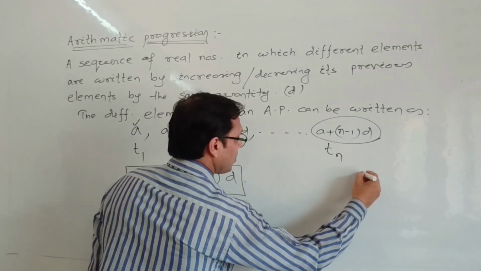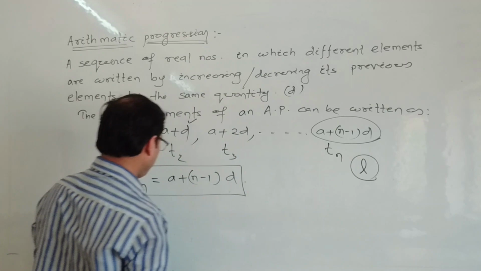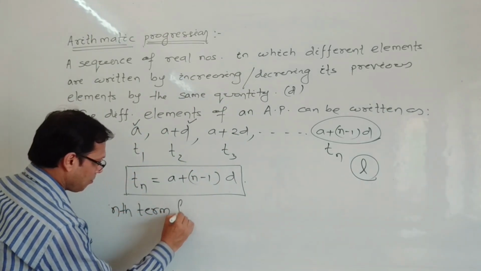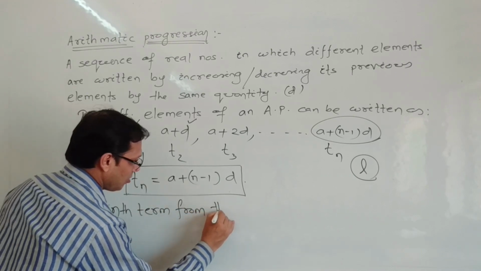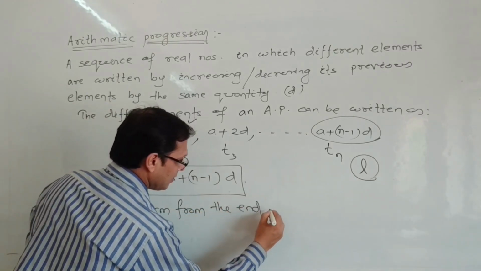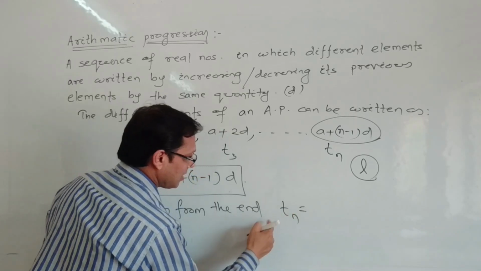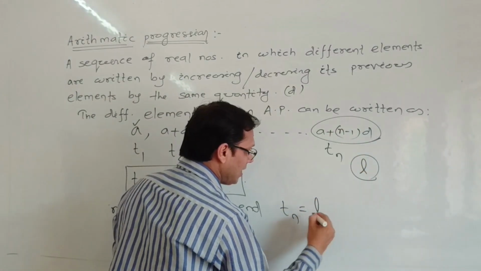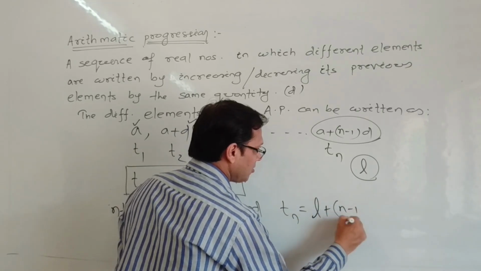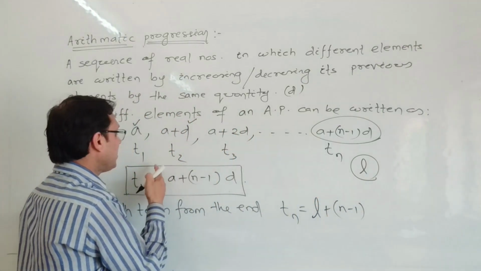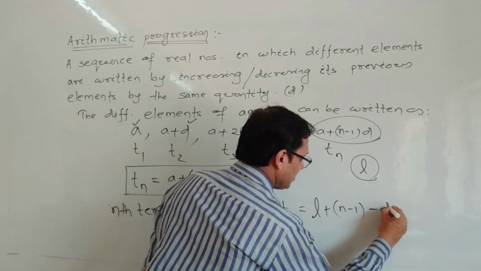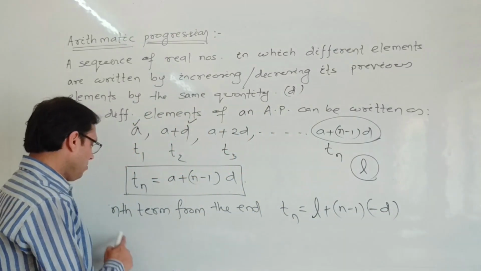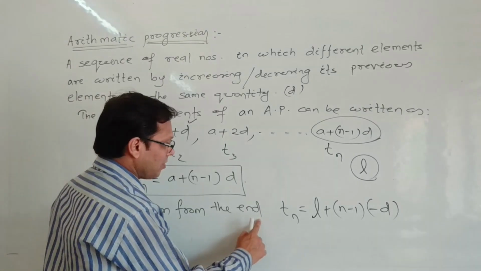Now if this one is the last term, then the nth term from the end is, that is T_n, you can write T_n is equal to, the first term from the last is l, so l plus (n minus 1), and d should be taken as minus d, that is the common difference should be taken as minus d when you have to find the nth term from the end.